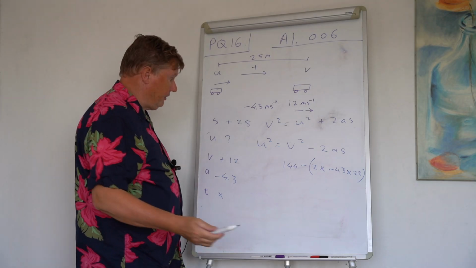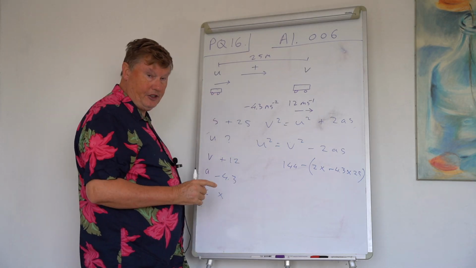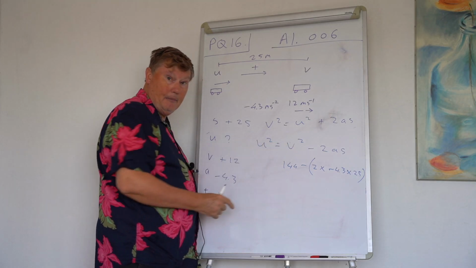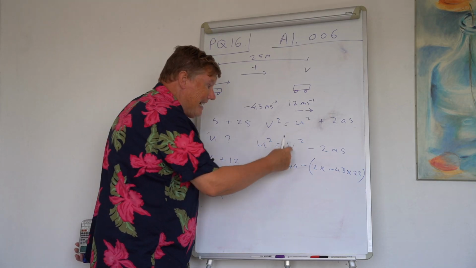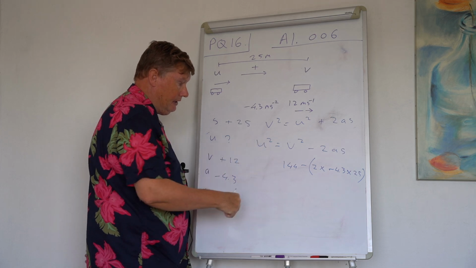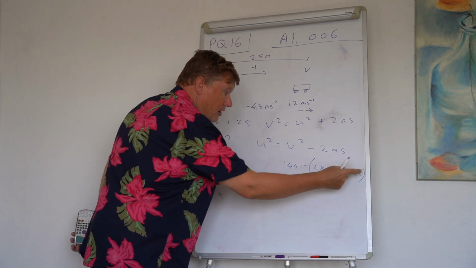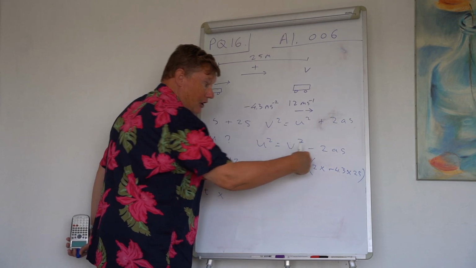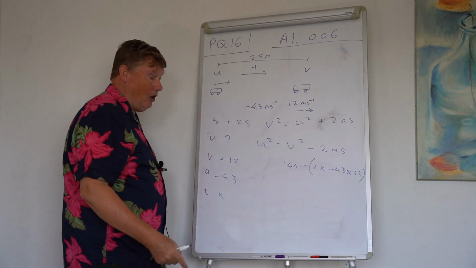Now, notice, we know that it was slowing down, so we know that this number is going to be bigger than that number. So we need to end up making this whole thing bigger. So we need to be adding something on here, which is good, because that's negative and that's negative, so together it's going to be adding it on.